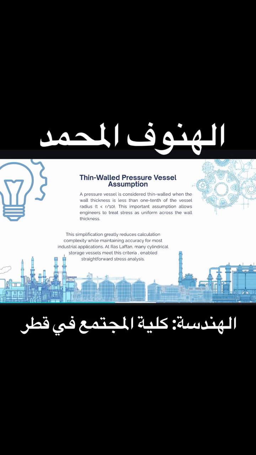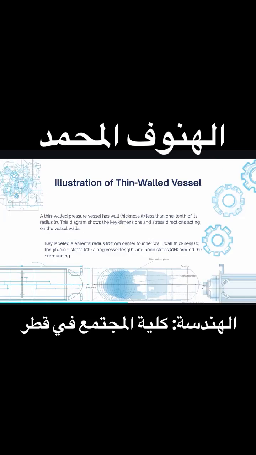Straightforward stress analysis. Illustration of thin-walled vessels. A thin-walled pressure vessel has wall thickness t less than 1/10 of its radius. This diagram shows the key dimensions and the stress directions acting on the vessel's wall.